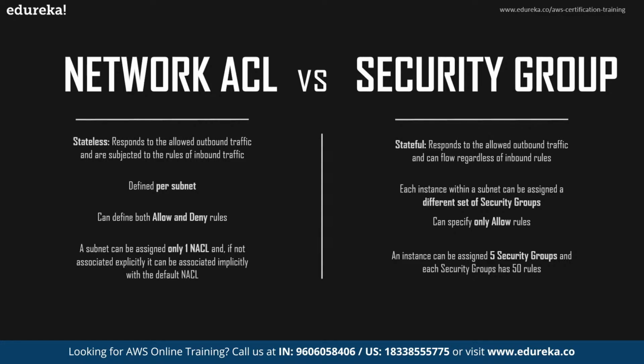Security groups have to be defined at an instance level, and every instance can have a different set of security groups. Lastly, a subnet can be assigned only one NACL, and if not associated explicitly, it is associated implicitly with the default NACL. Whereas in security groups, an instance can be assigned 5 security groups, and each security group has 50 rules.